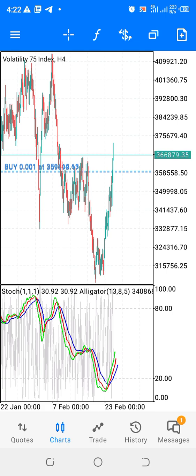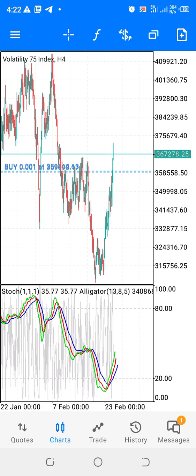They are now coming from downwards facing upwards, and they are coming from level 20 facing upward. So that indicates that the trend was in an oversold position, and now it is facing upwards, so that we can now buy. Now this shows that we can comfortably get into buy.